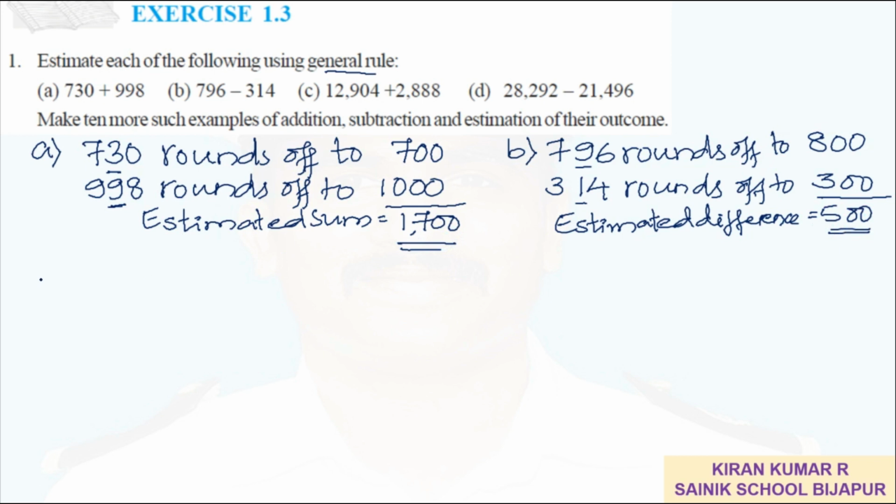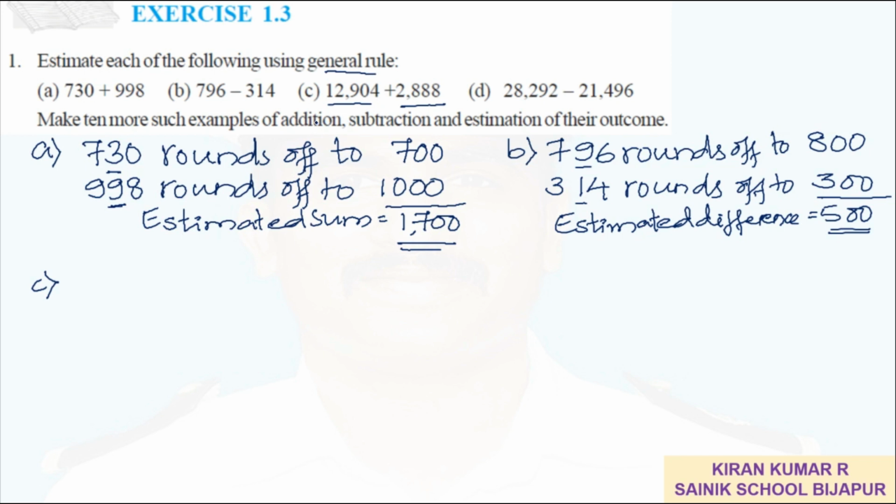Let's see the question C. 12,904 and 2,888, we will round it off to the nearest thousands place, because the smaller number among these two is 2,888, which is having 4 digits.